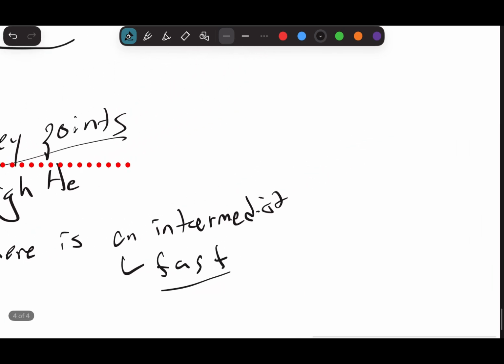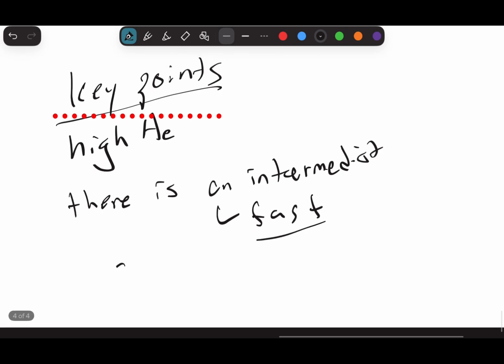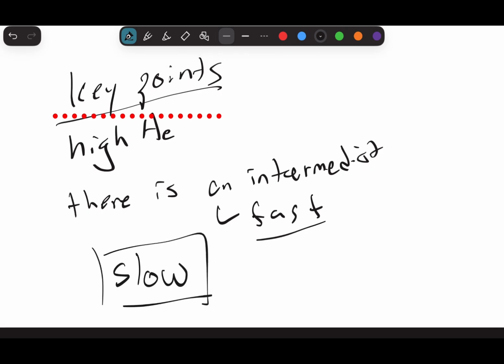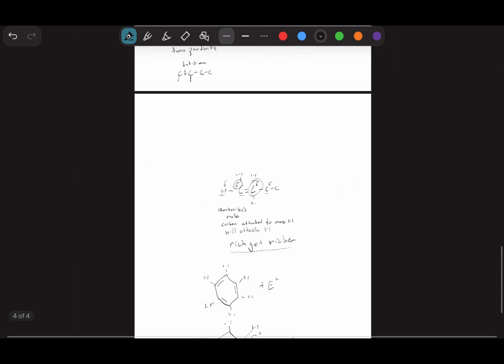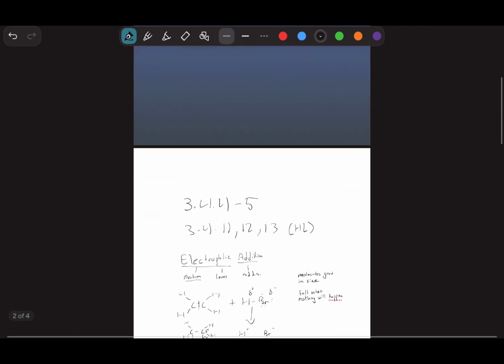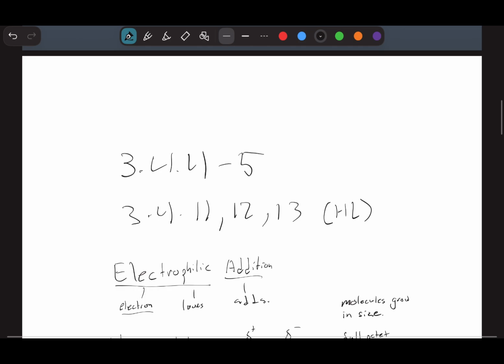And then when the final product is formed, it's slow. So overall, your reaction would be slow. Just keep that in mind. And that's it for electrophilic addition and substitution.